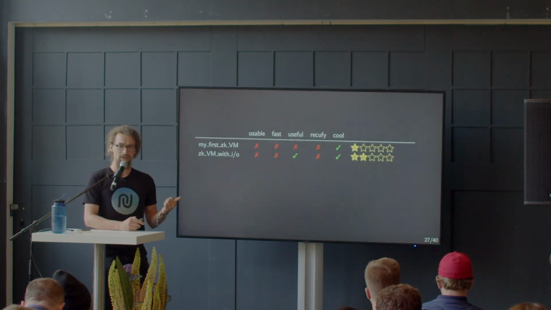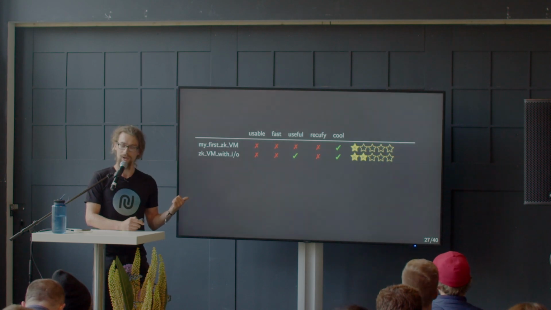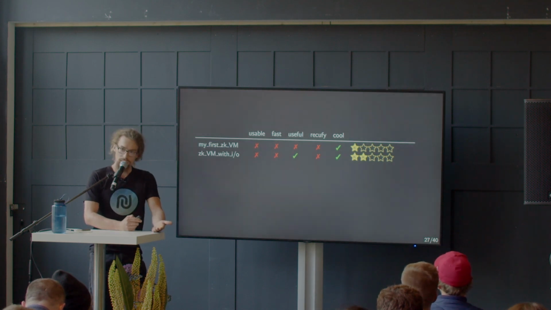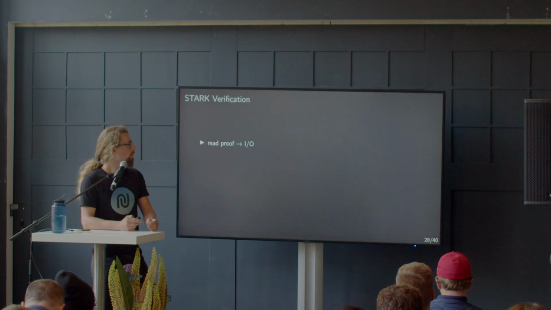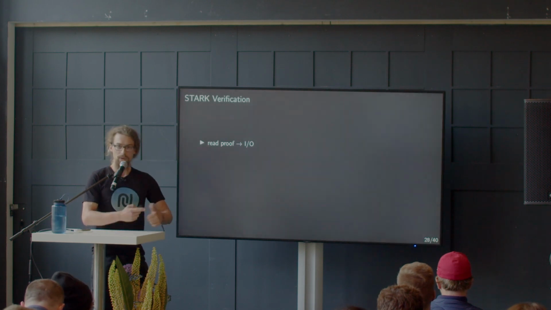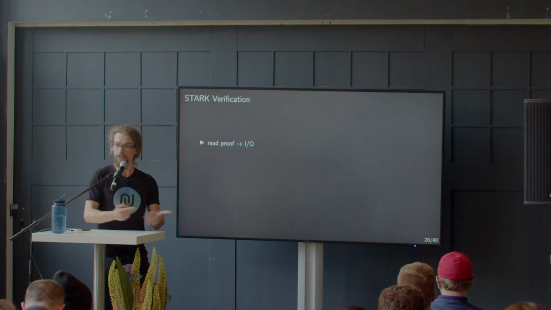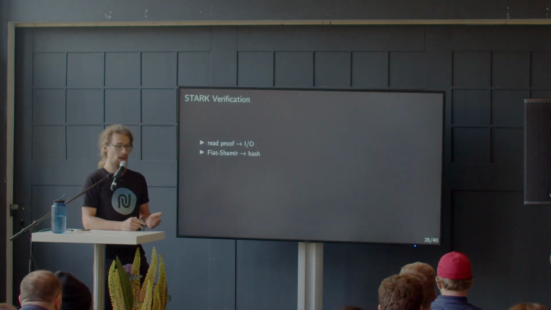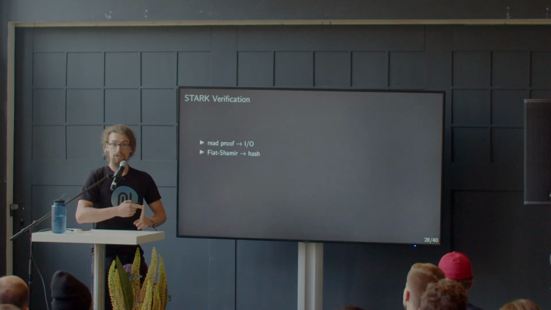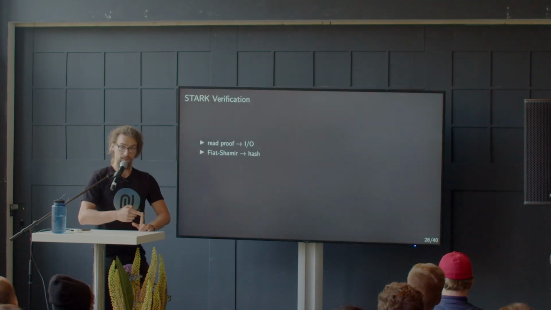I talked about recursive verification here twice now. What do we actually need for recursive verification? So one part is we need to read the proof, for which we need I/O, which we now have. Perfect. We need to do some Fiat-Shamir, for which we need hashing.